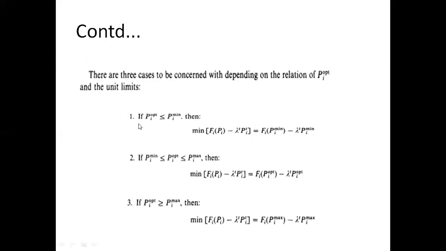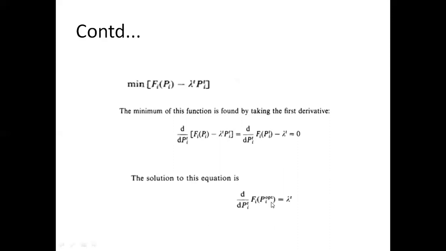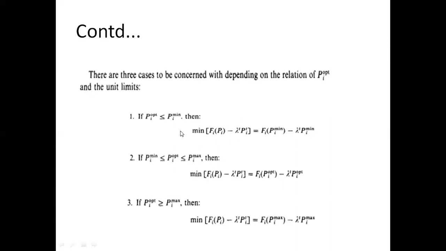If P_i optimal is less than P_i minimum, then the minimum value of that function will be F_i(P_i minimum) minus lambda_t P_i minimum, meaning P_i becomes P_i minimum, since the optimum value of P_i found by the equation we saw in the previous slide is less than P_i minimum.